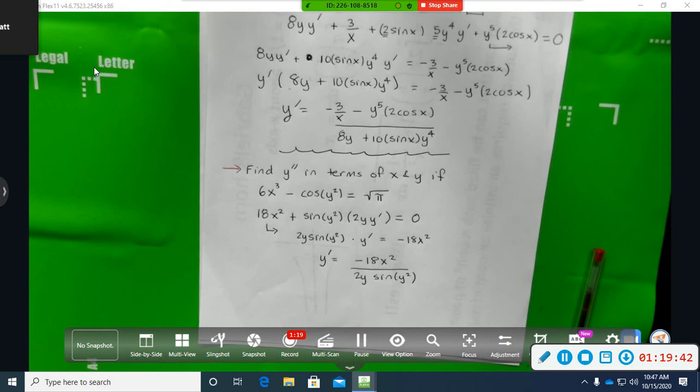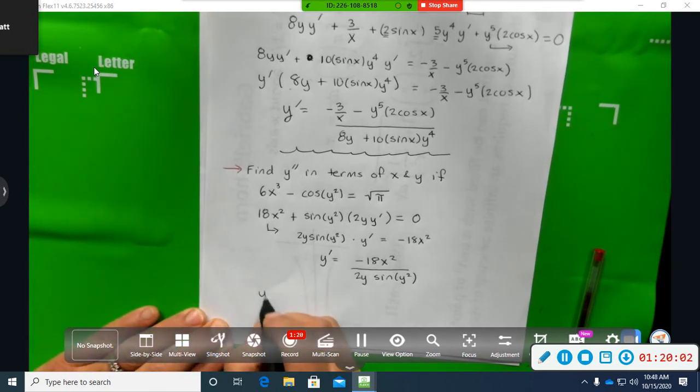Okay, then let's take the second derivative from that step. Right, there's y prime. The derivative on the left is going to give you the y double prime. The derivative on the right involves the quotient rule, but it'll also involve the product rule when it comes time to take the derivative of the denominator. So I'm going to write that.